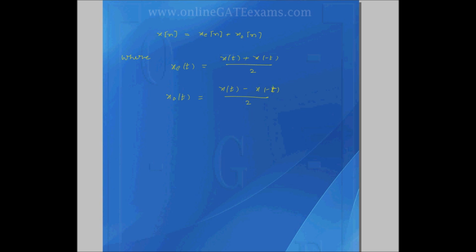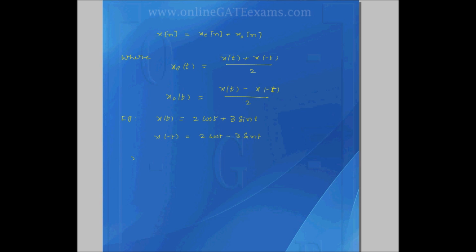So for example, if you take x of t equal to 2 cos t plus 3 sin t, clearly x of minus t will be equal to 2 cos t minus 3 sin t.